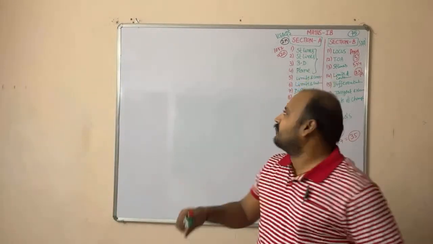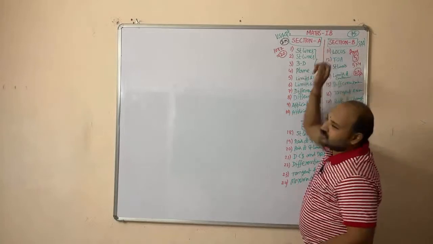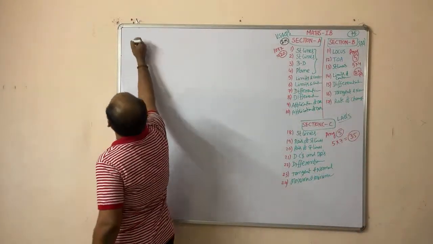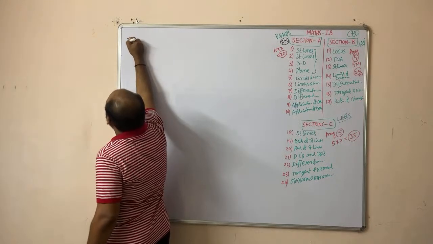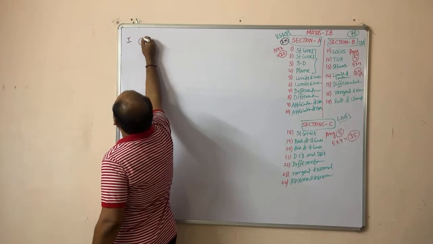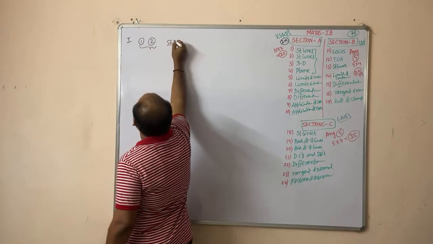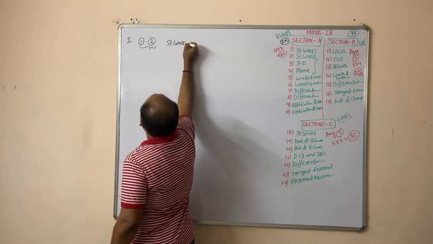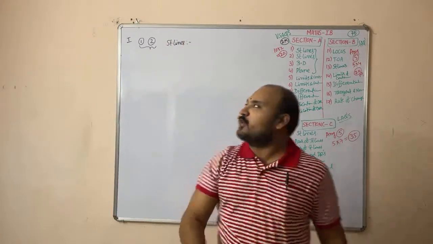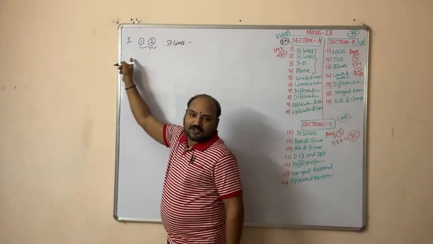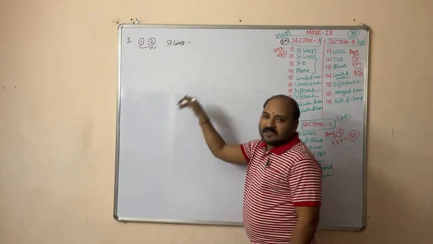In section A, the first section, question number 1 and question number 2 belong to straight lines. Dear students, you remember in straight lines, the first question, what possibilities are there to ask?